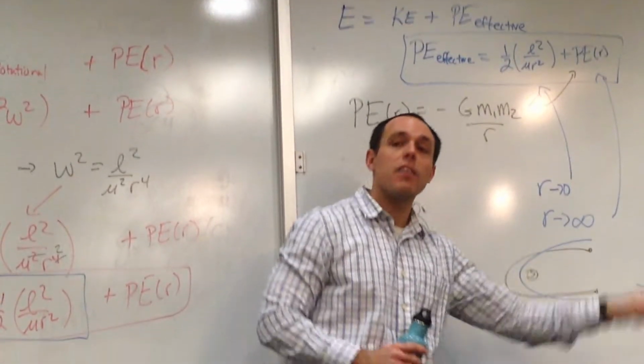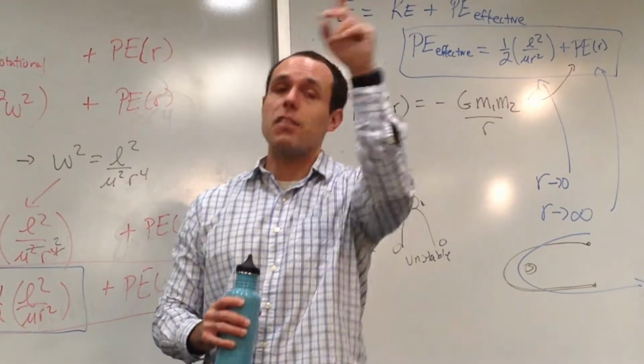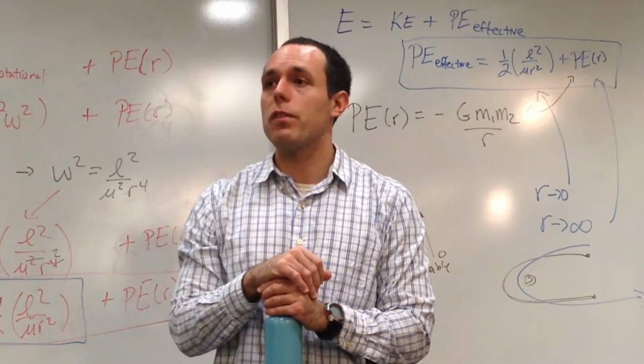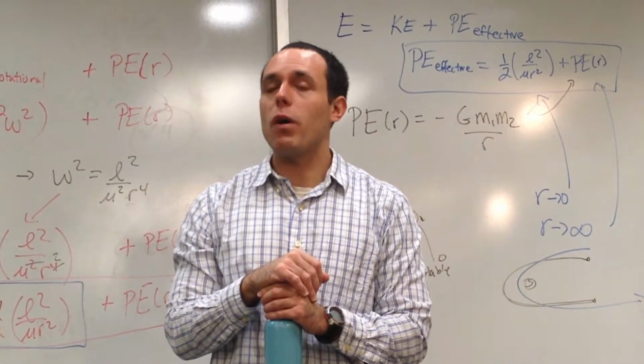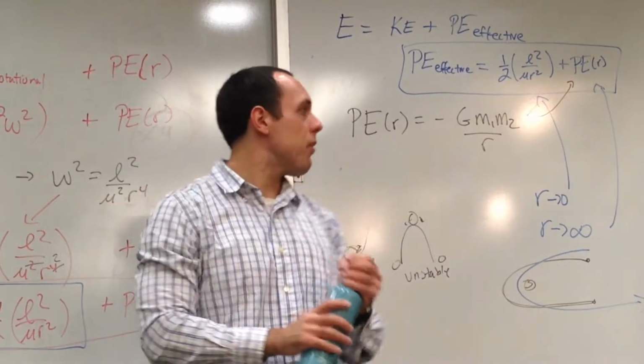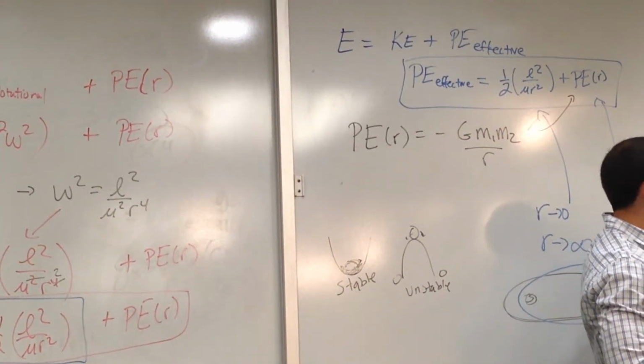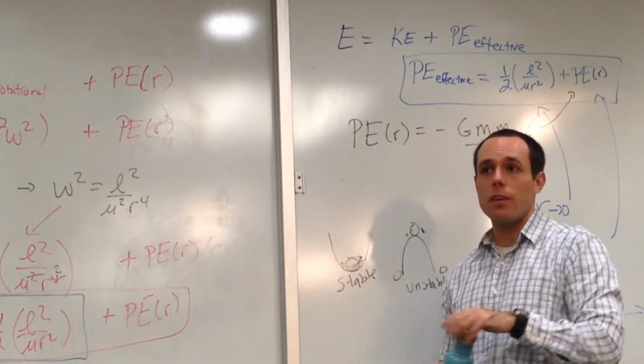Say Venus, slingshots around, gets ejected from Venus's planetary system, and goes to the outer reaches of our solar system. And that's all because at that point the total energy, the kinetic energy, is greater than the effective potential energy, and energy is greater than zero.